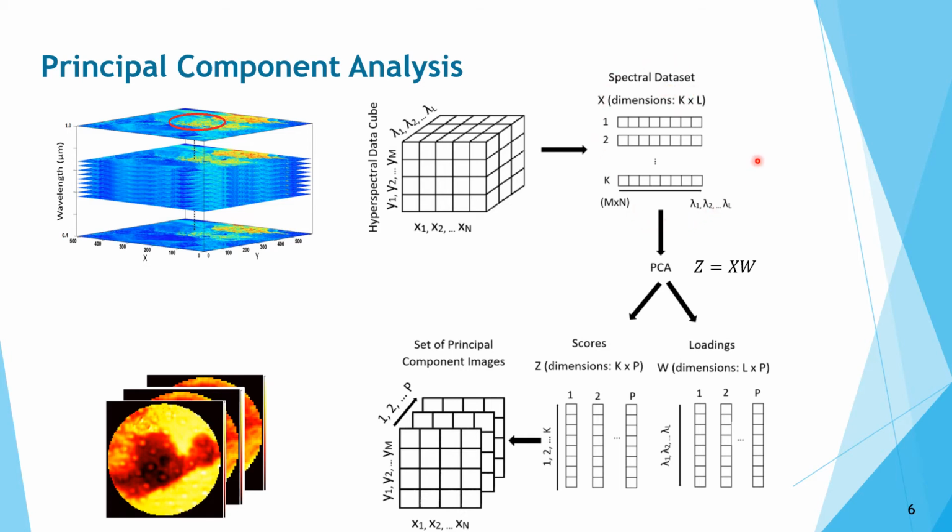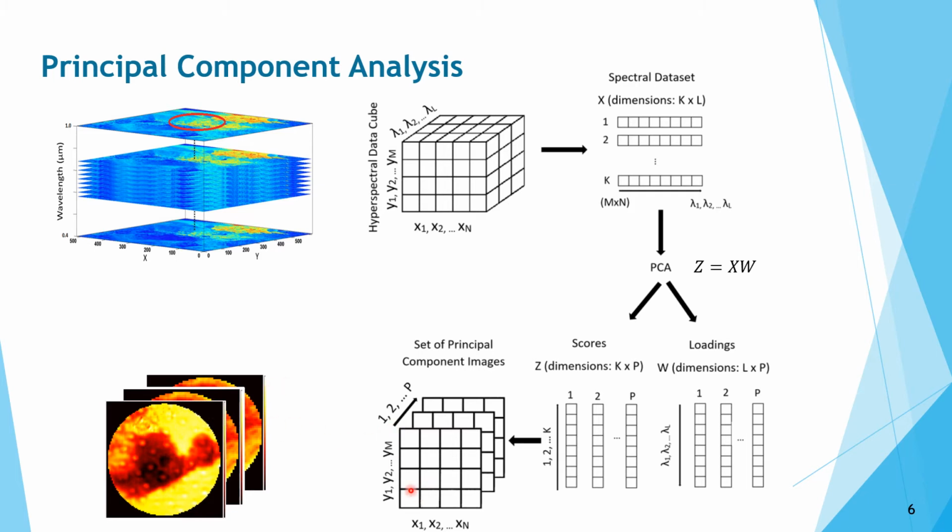This was our input data for PCA, from which we then obtained the transformation W to obtain the uncorrelated variables Z. So effectively we ended up with our scores and loadings, Z and W, that were obtained from the original data X, and from these scores we could reconstruct an image because the scores are of the same dimension as the input data, and we can reconstruct a set of principal components represented effectively by images of the data.